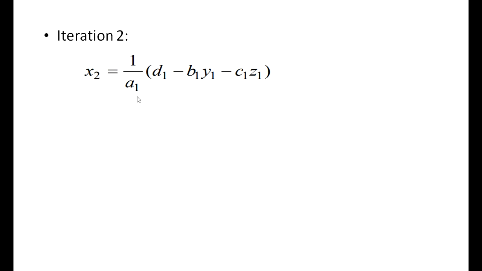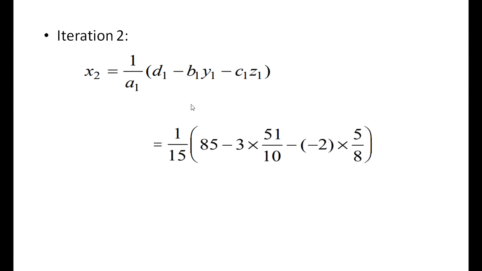For iteration 2, x2 will be 1 upon a1 in bracket d1 minus b1 y1 minus c1 z1. Put the respective values of the previous iteration here.